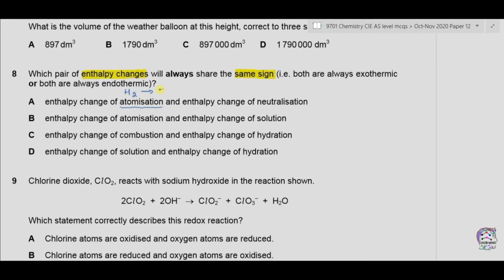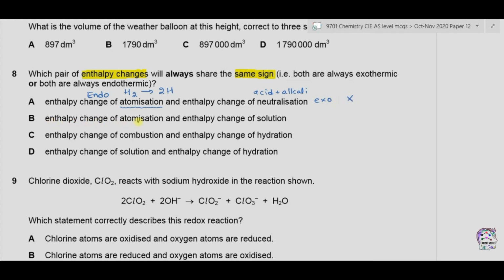We can break the hydrogen molecule into atoms of hydrogen. So the breaking of bonds requires energy, so therefore enthalpy change of atomization is endothermic in nature. Enthalpy change of neutralization is when acid reacts with alkali to form salt and water, and this reaction is always exothermic. So A is incorrect.